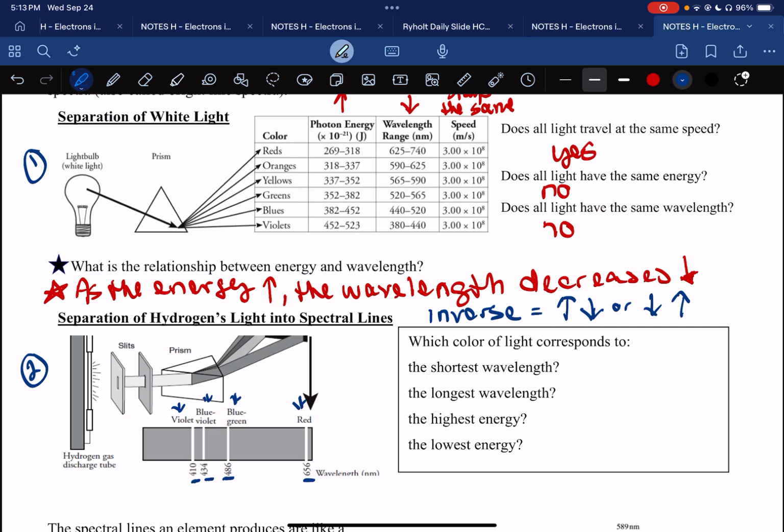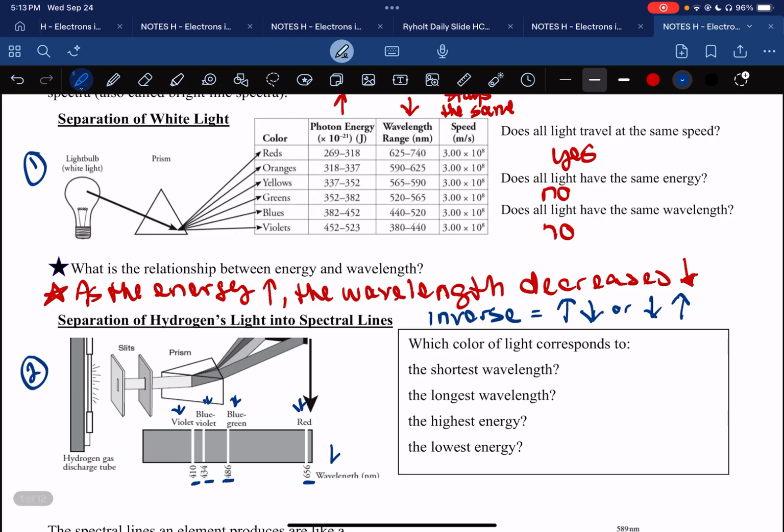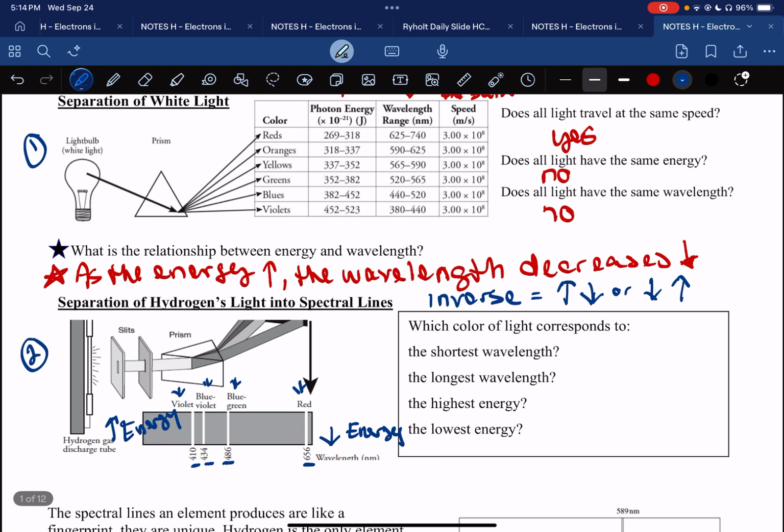Hydrogen here has four very distinct lines. As we move from left to right, they're increasing in wavelength. If they're increasing in wavelength, we know that our energy is going down. And as we move toward this side, our energy is going up. So that's the relationship that we established.